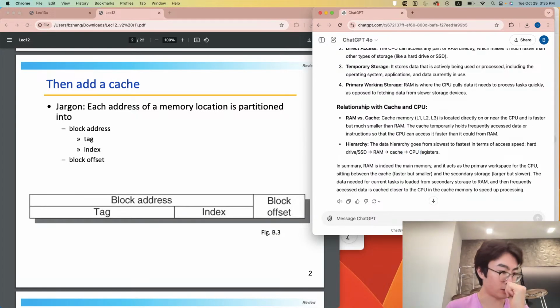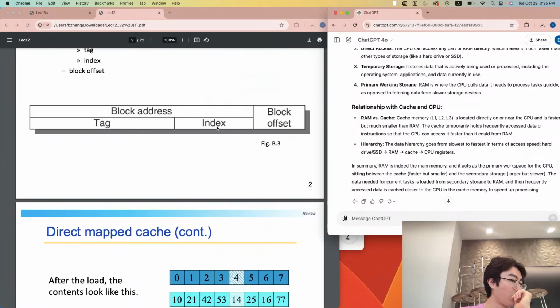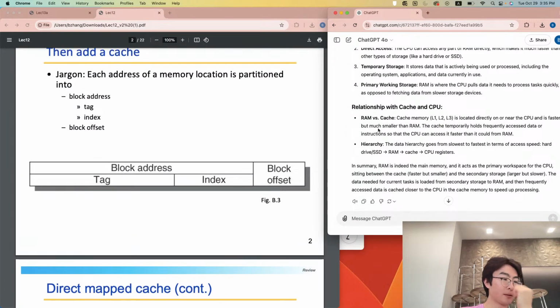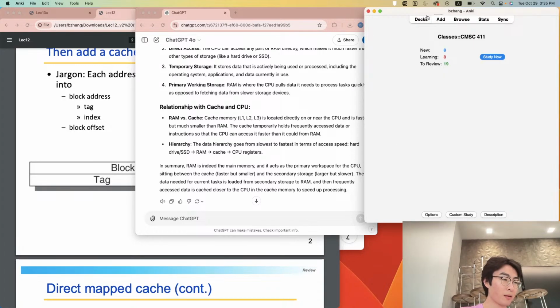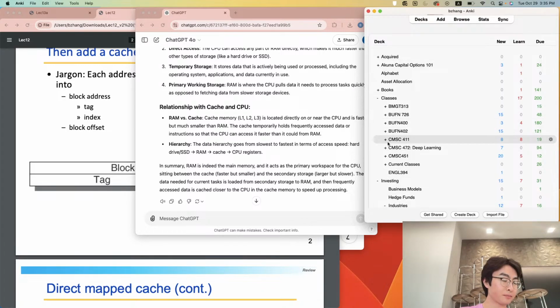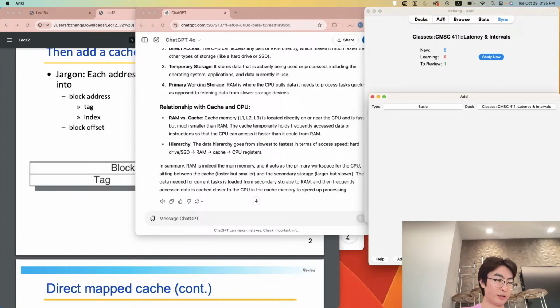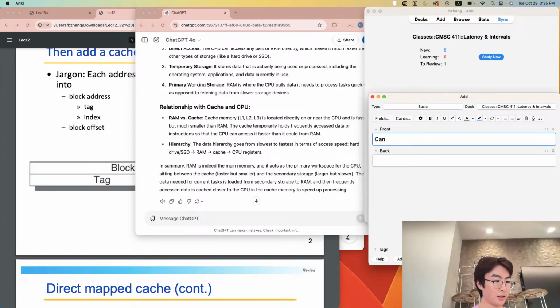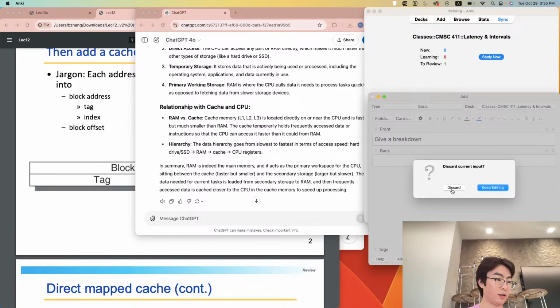Okay, so CPU registers are the fastest. All right. I'll add this into latency. Actually, yeah, maybe memory hierarchy.